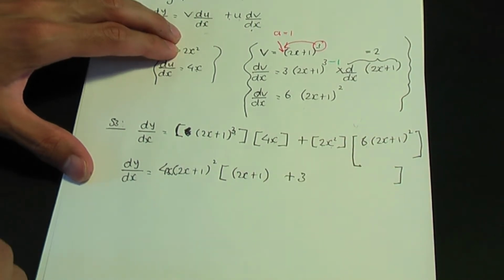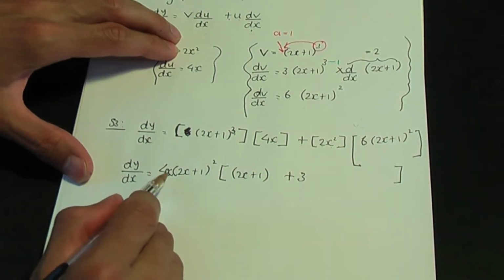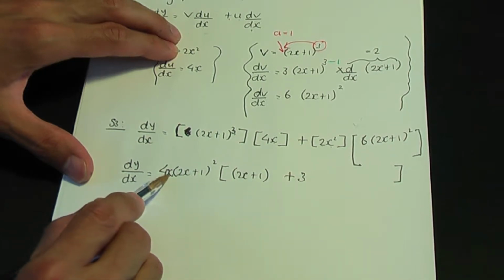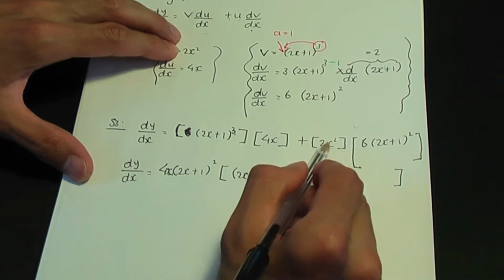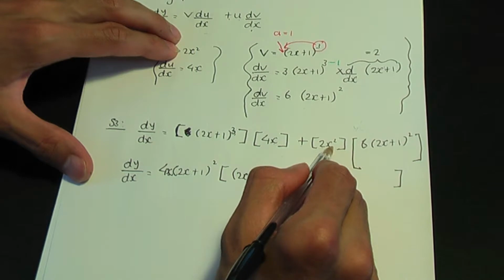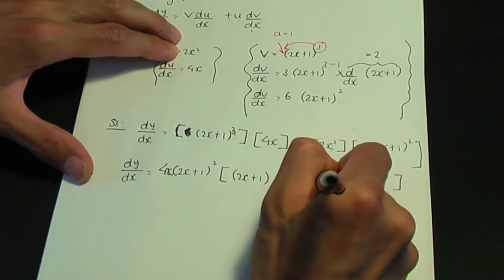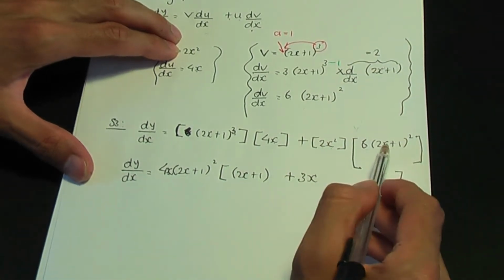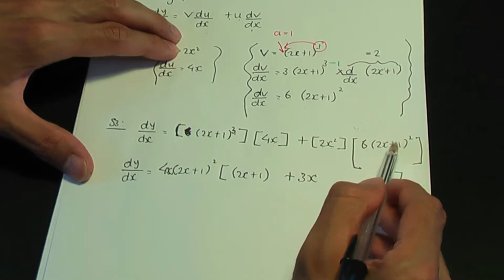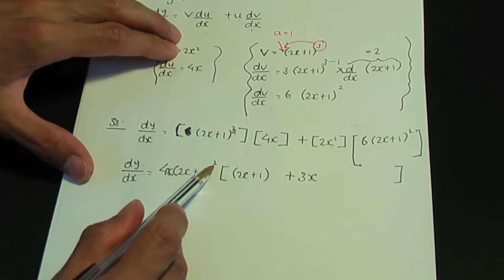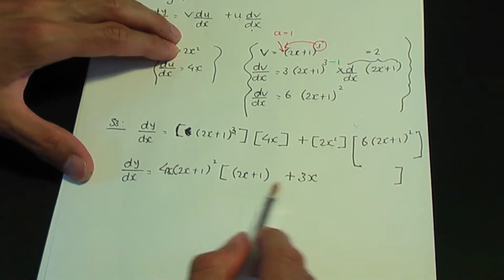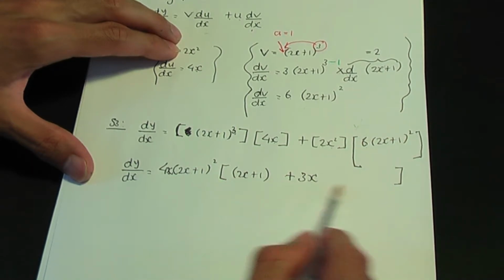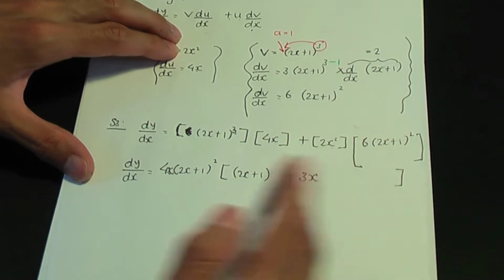So I have 3 remaining. And since I've also taken out an x common factor, since I have x squared from here, I have a 3x. And 2x plus 1 squared, however, I've taken a 2x plus 1 squared as a common factor. So this is what's remaining as far as this bracket is concerned.